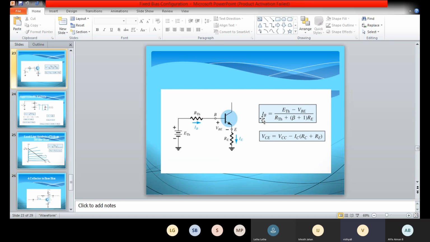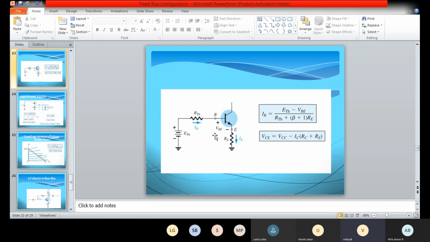From that equation, we will write IB is equal to ETH minus VBE divided by RTH plus open bracket beta plus 1 close bracket RE. First write the equation, next you solve.